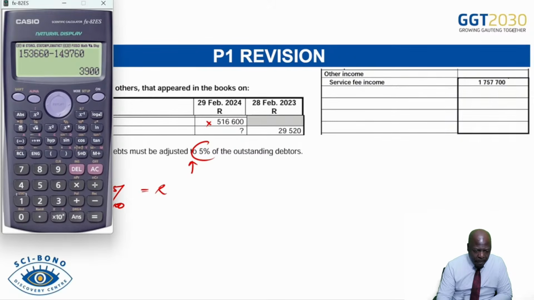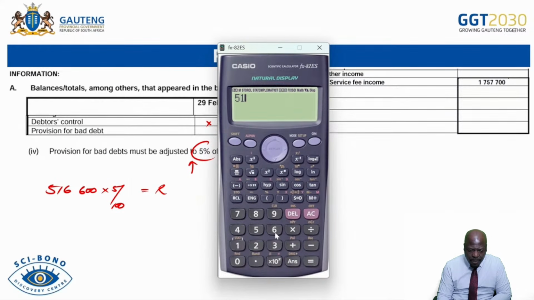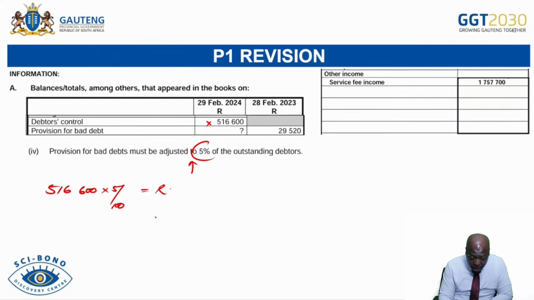So we're going to say 516,600, and we want to get 5%. That's going to give us 25,830. That is the provision for bad debts amount here.